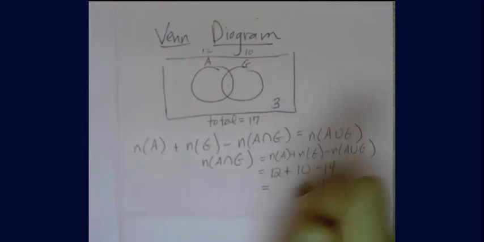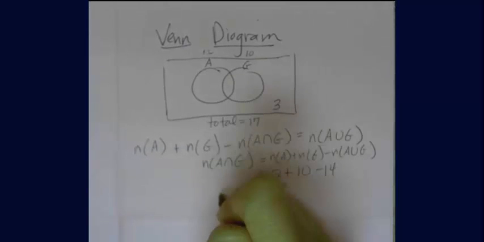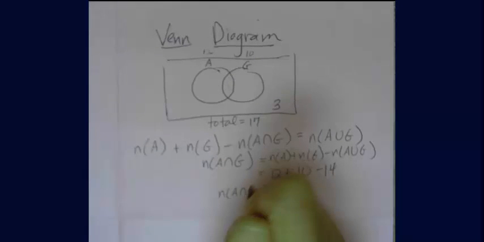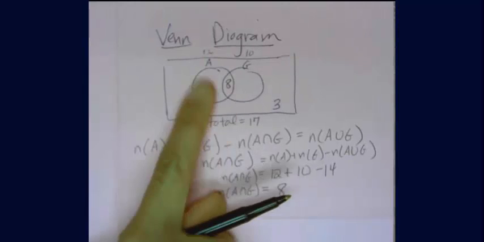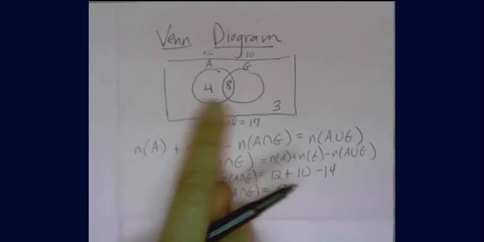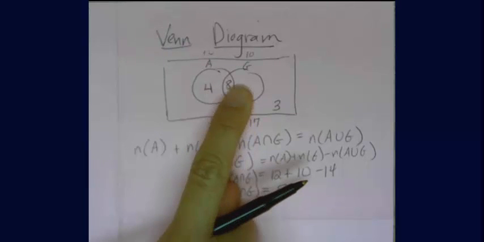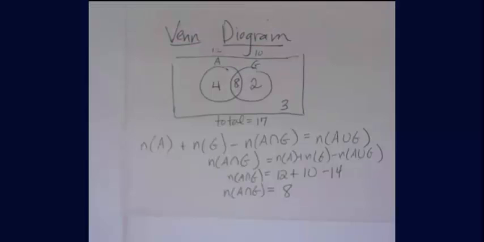And if I add and subtract, I get 8, which is again the number of people in the intersection. So if I put an 8 here, I know there's 12 in the entire set, so that leaves us 4 who taught only algebra, and here there's 8 but 10 total, so there were 2 who taught only geometry.